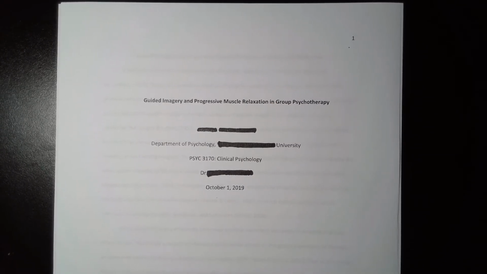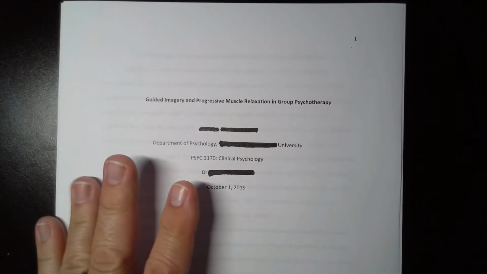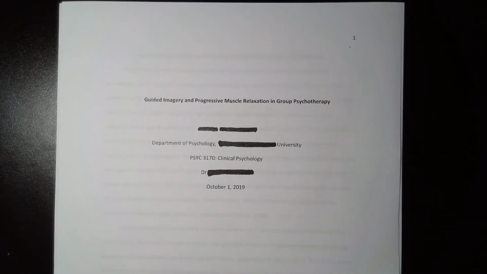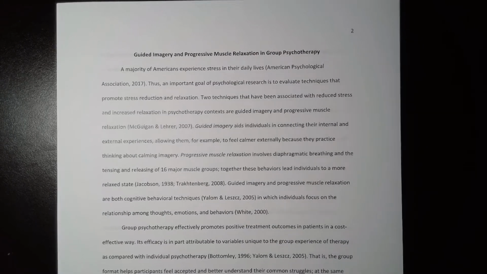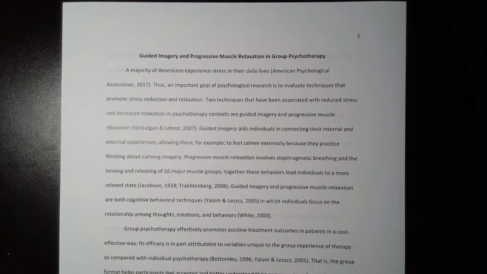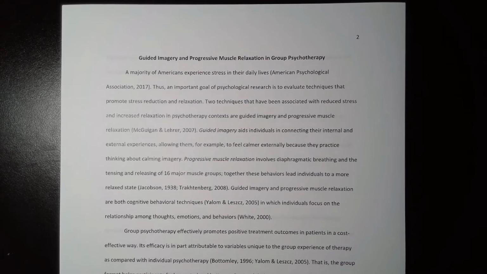The other thing that you could put in an APA formatted paper would be an abstract. That would be on the next page. This paper here does not have an abstract, and for my courses, most of the papers are so short that I do not require an abstract. Again, you can put one if you want.